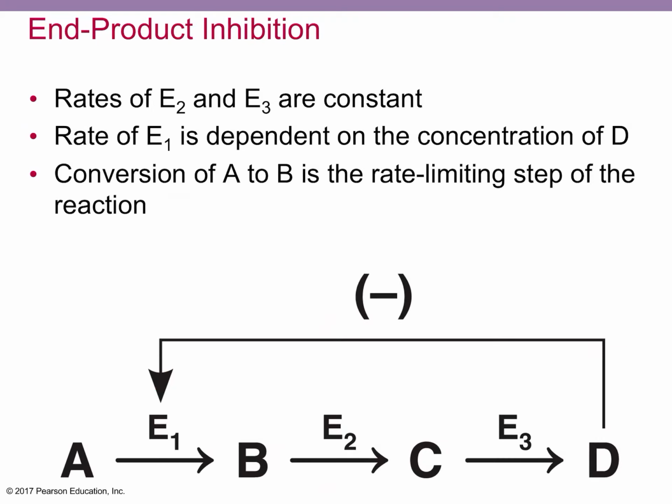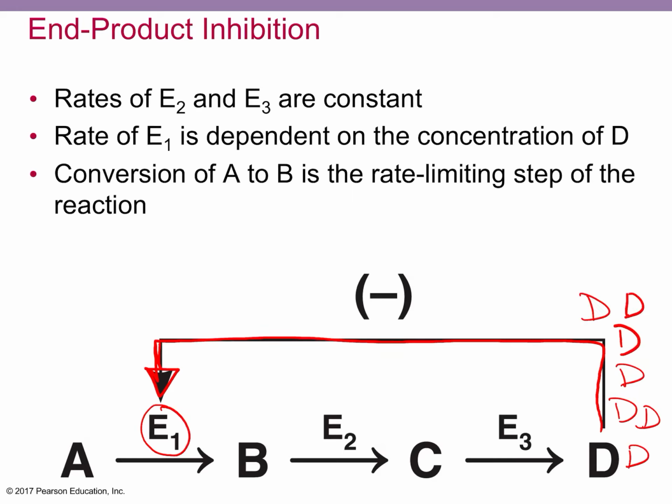Here's another example with the end product, right? So there's the metabolic pathway. In this case, the first enzyme is our rate-limiting enzyme, and our end product feeds back negatively to enzyme 1 and inhibits enzyme 1. So this is a good way to regulate a pathway. If you are always running the pathway, you're going to get a lot of your end product, right?